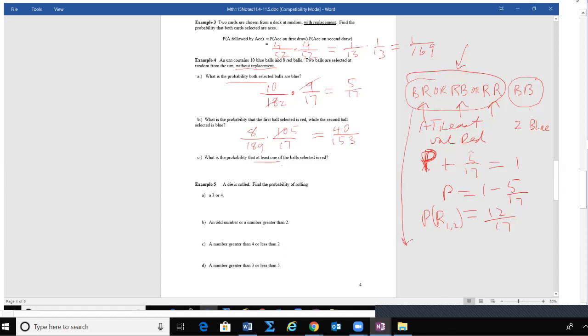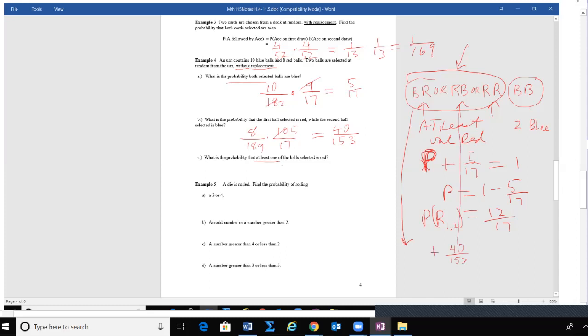You'd be taking blue and red, which would be blue on the first one. We did that already, I think. First ball is red, second ball is blue. So that's our second one here, but it's the same as the first one. So we'd have 40 over 153. That's the second probability. That's this one.